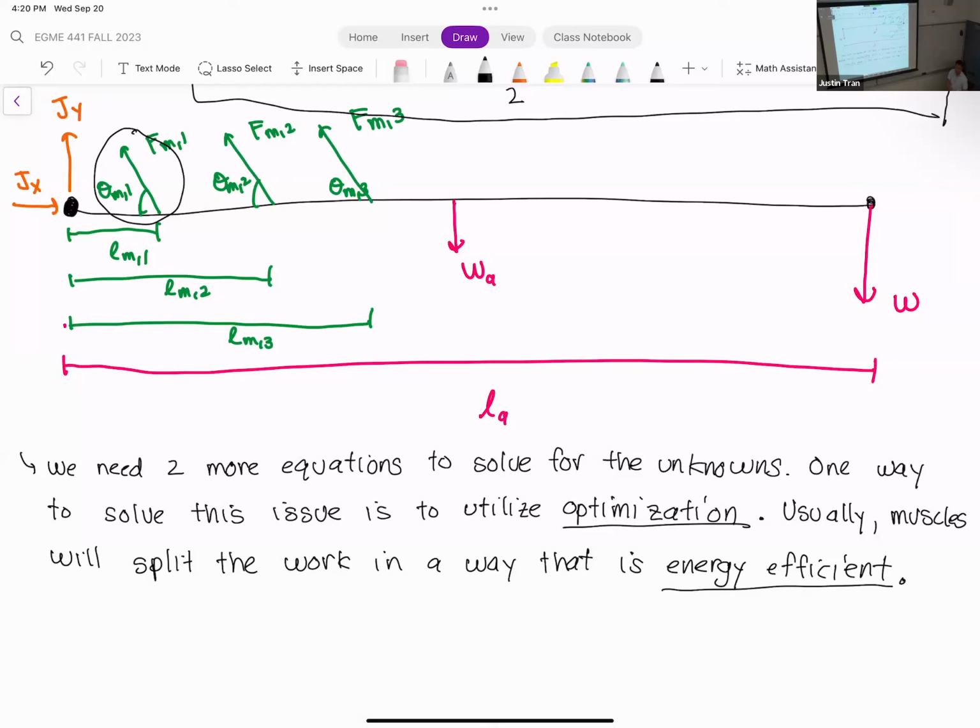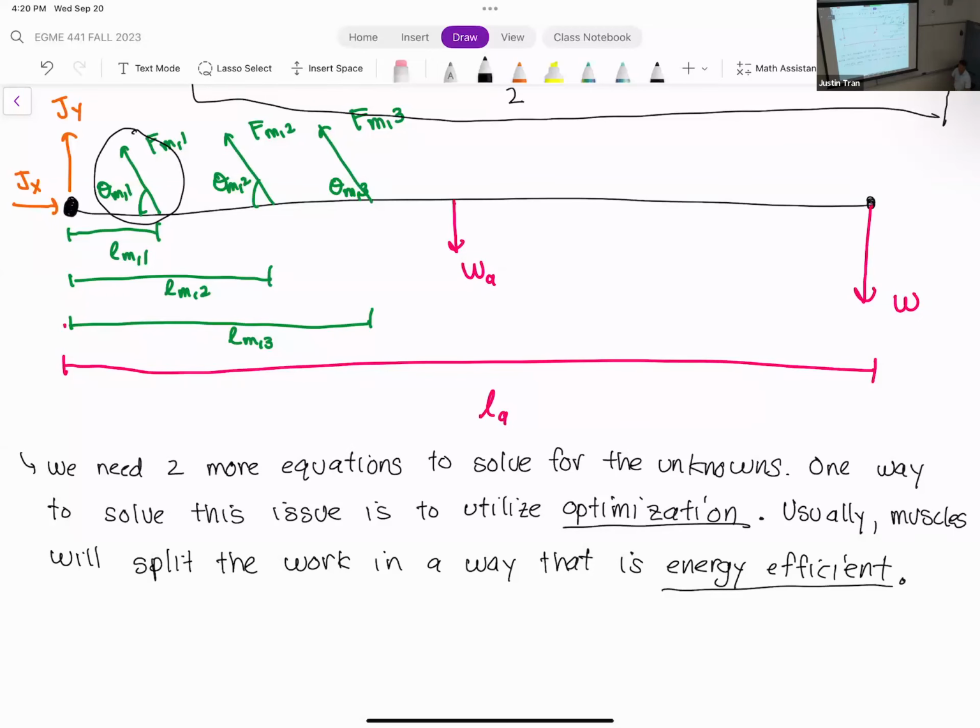Generally, for almost all biological systems, for humans, for animals, for fish, the most energy efficient way is usually the best way to do things. If your body needs to perform an action, your muscles will act in a way that tries to preserve as much energy as possible.